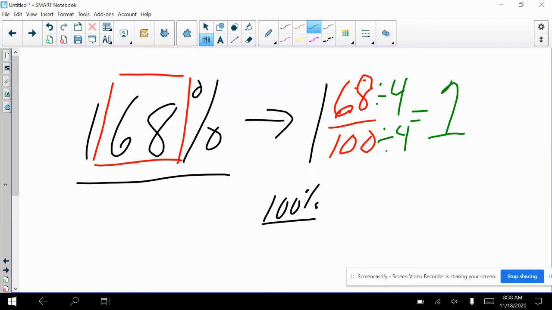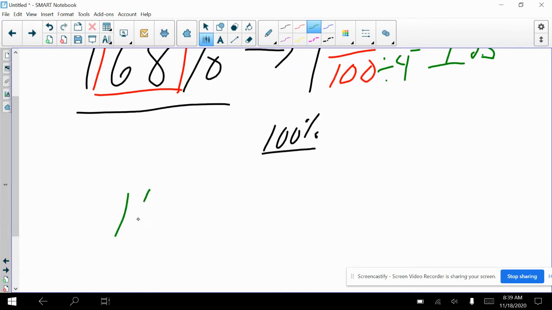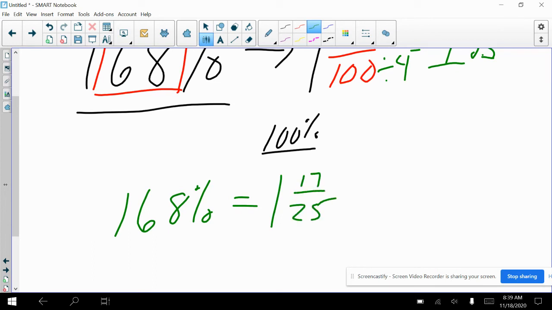Okay, don't forget that. All right, so if we divide by 4 here, we get 17/25. So 168% is the same thing as 1 and 17/25.